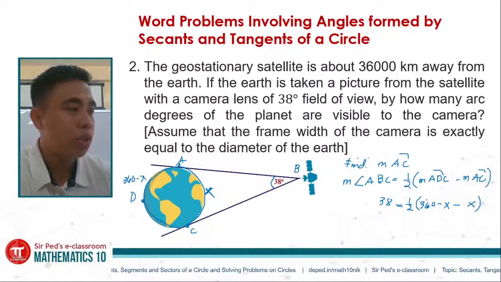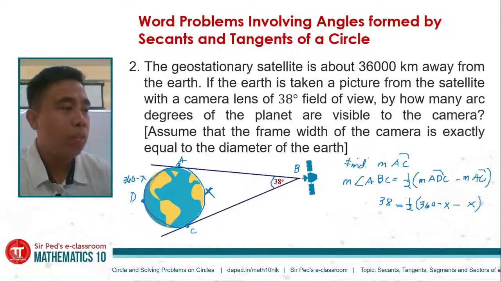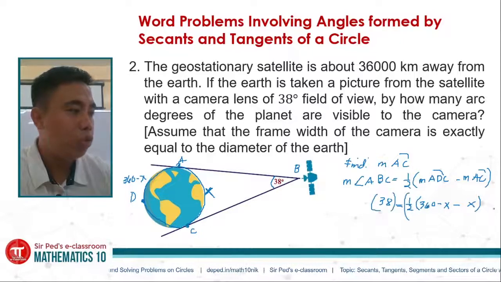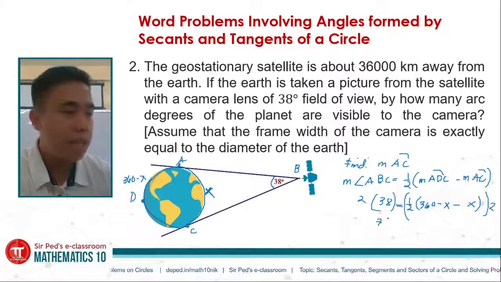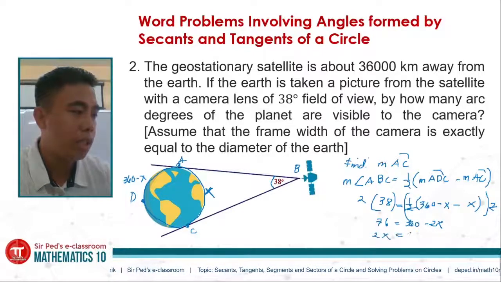So, we substitute 360 minus x minus x, where we let the measure of arc AC as x. We multiply both sides by 2. So this will be 76. That is equal to 360 minus 2x. We transpose negative 2x, so magiging 2x is equal to 360 minus 76.